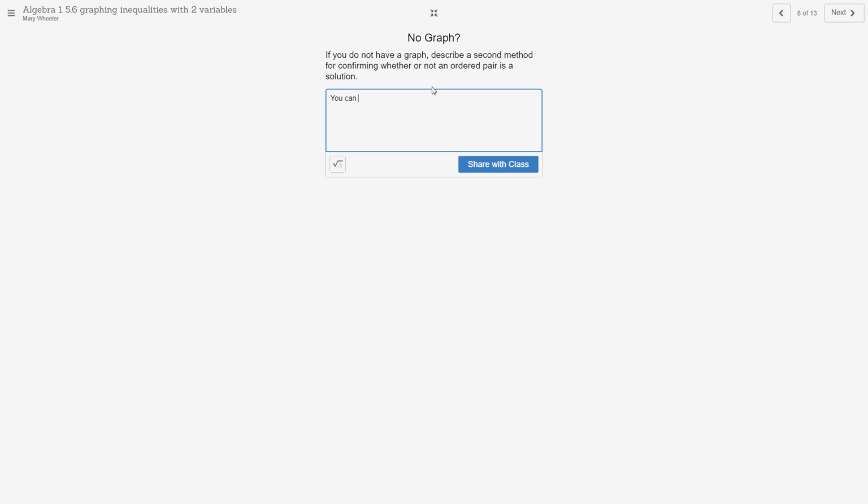You can plug x and y into the inequality. If you get a true statement, it is a solution. A false statement, it is not a solution.